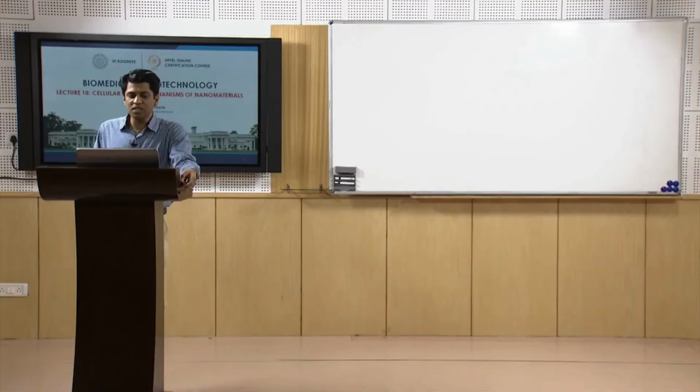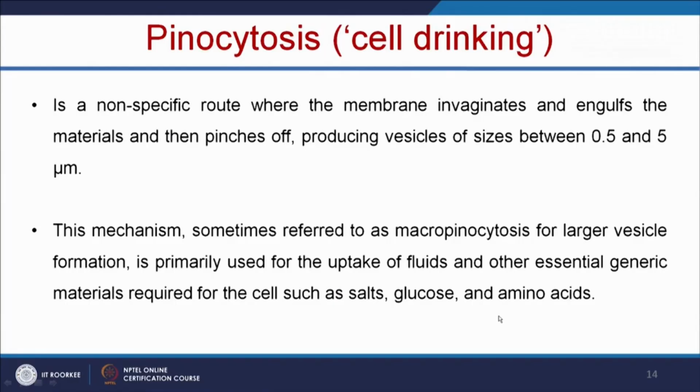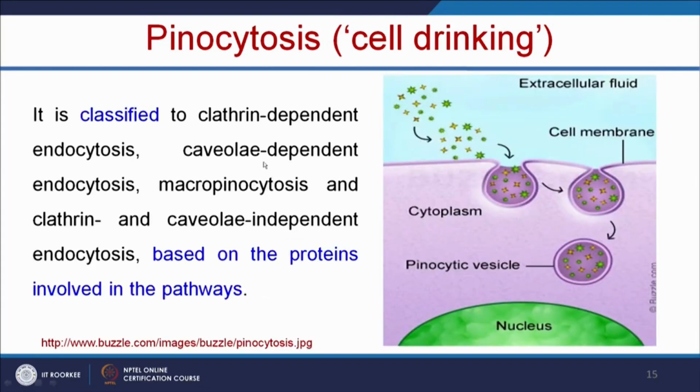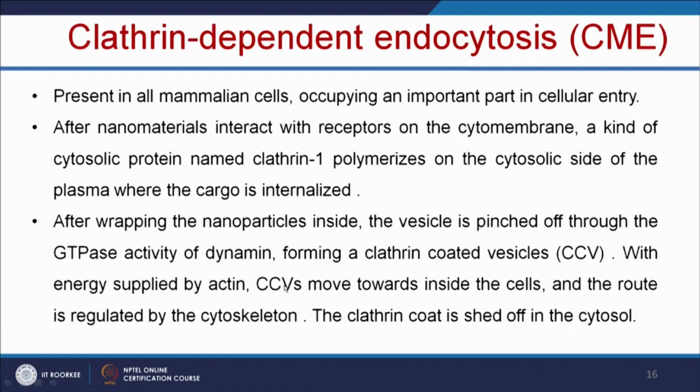So this is a normal process for uptaking salts, glucose and amino acids, and if any foreign particle such as nanoparticles comes, that can also be taken up by this pinocytosis process. This pinocytosis process is classified into clathrin dependent, caveolin dependent, macropinocytosis, or caveolin and clathrin independent, based on the proteins involved in the pathway.